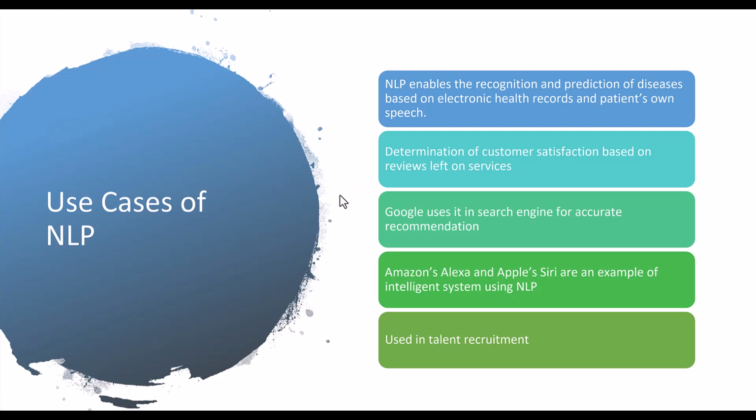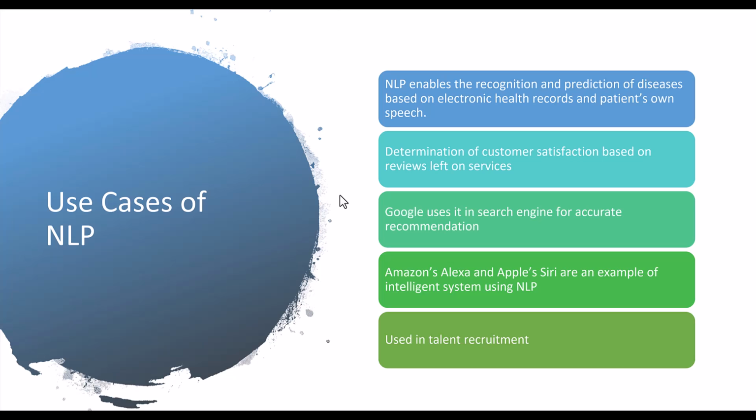Here are some of the use cases for natural language processing, like health records, customer satisfaction reports, and search engines such as Google or Bing, which use NLP applications. Other devices like Amazon's Alexa, Apple's Siri or Google Home are also using NLP applications.